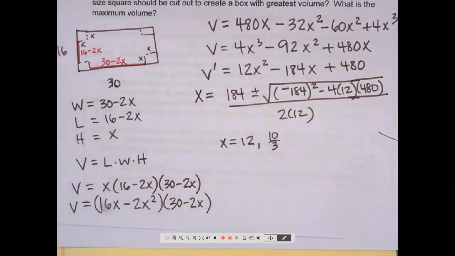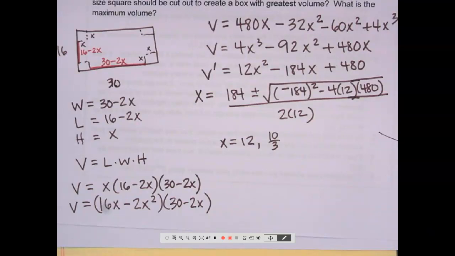All right, so I got 2 answers. Am I going to set up a sign chart? Are they both viable? But what if they're both possible, and then I'll compare the 2? I am cutting it out.